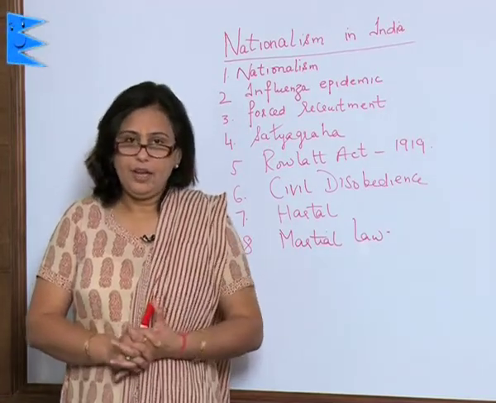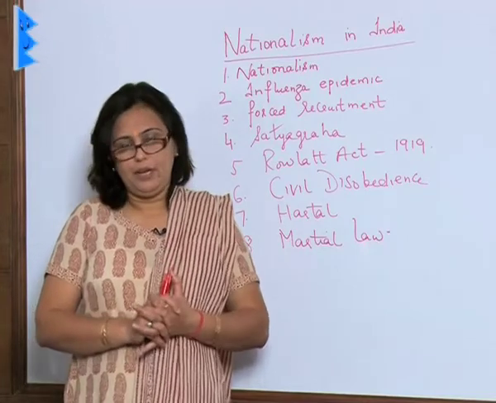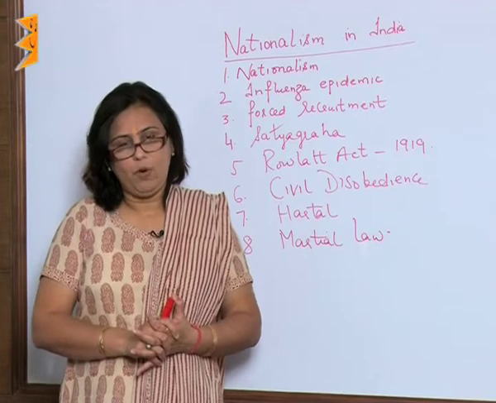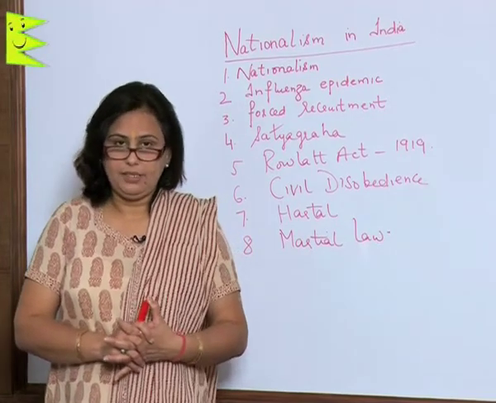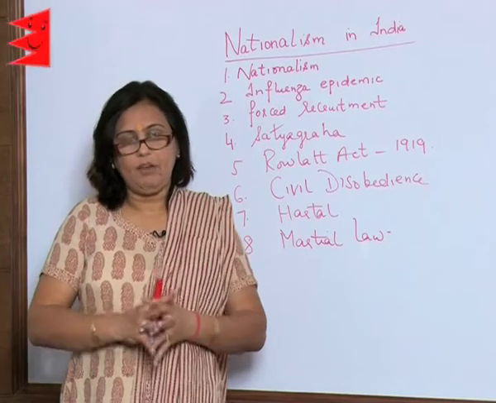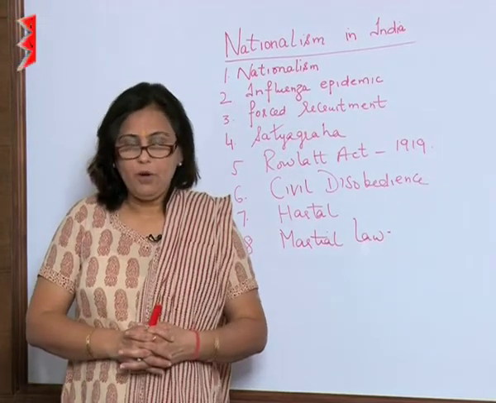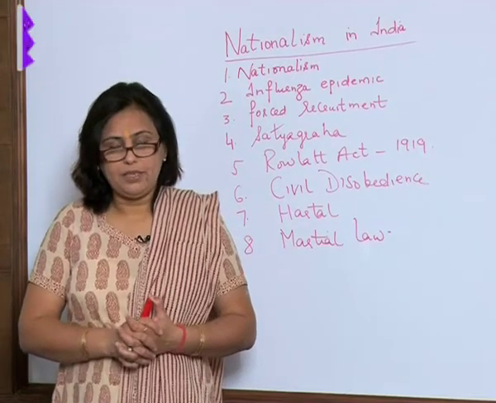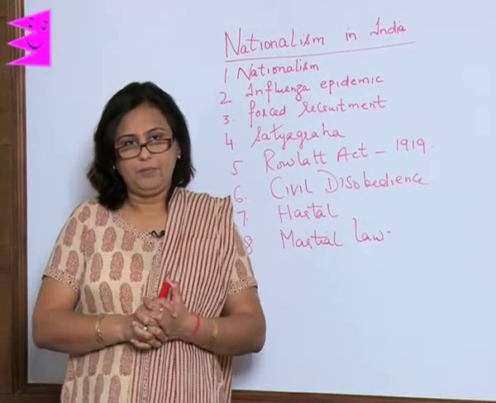You see children, when Britishers came to India, the first major victory that they had was the Battle of Plassey, after which they became the masters of Bengal, followed by the Battle of Buxar, which made them the masters of India.